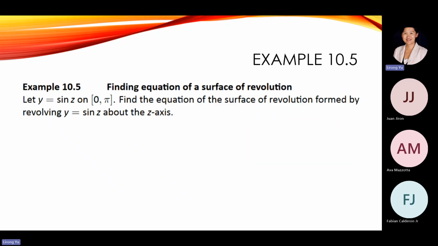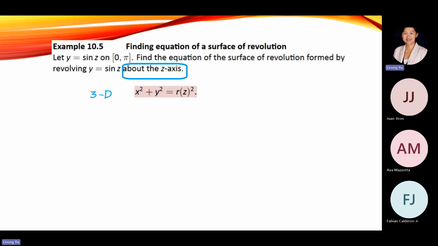All right, there are a couple of examples here. The first example is rotating y equal to sine z from 0 to 2 pi about the z-axis. Again, z is an independent variable. If you rotate about the independent variable axis, then the radius equals x squared plus y squared, which then equals sine z squared. So think about the reasoning here. In two dimensions, whenever you rotate about the axis, your radius always equals x squared plus y squared.